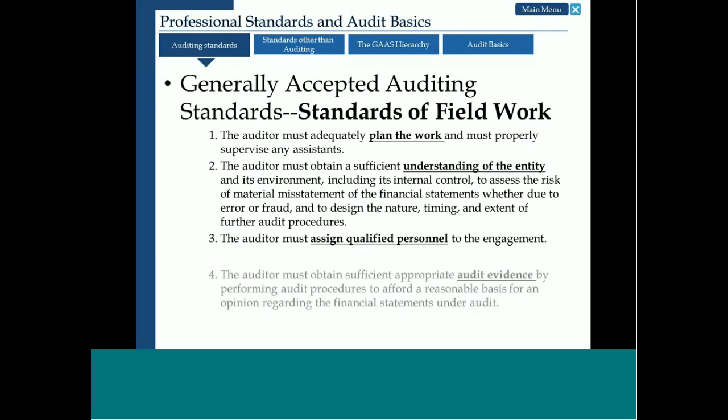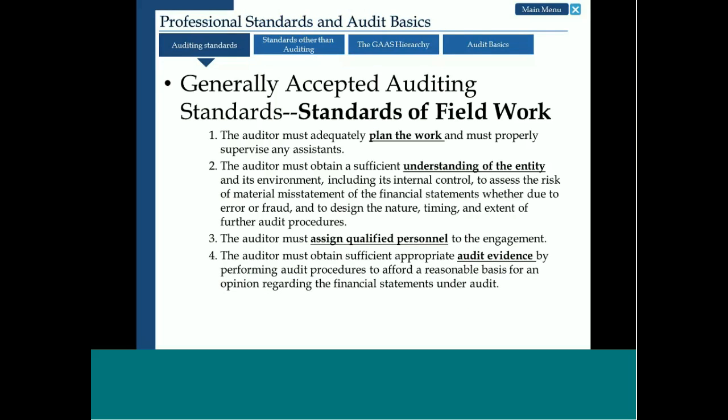And the last one, you must obtain sufficient and appropriate evidence. Sufficient means in terms of quantity. Appropriate means in terms of quality. So I need good quality and good quantity of audit evidence to form my opinion. During my work, I will gather the audit evidence.